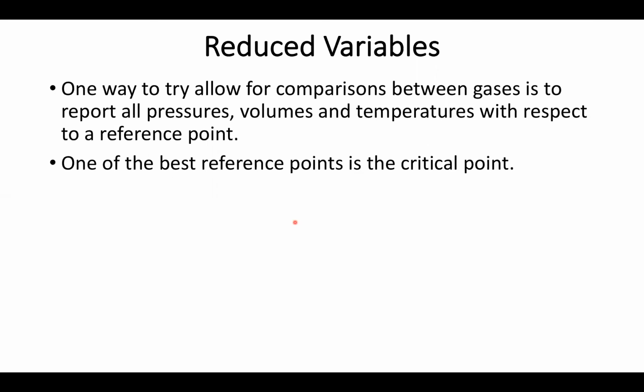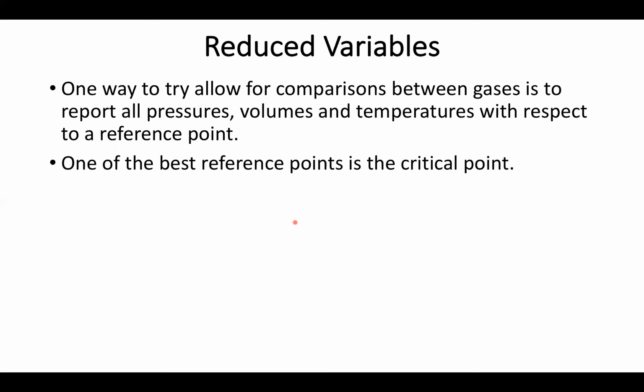So one of our best common points of reference is going to be this critical point, because every single substance has a critical point at which we go from a gas or liquid to a supercritical fluid. So you can think of it as the point at which these three phases all coexist, which means that it will have a single pressure, volume, and temperature.